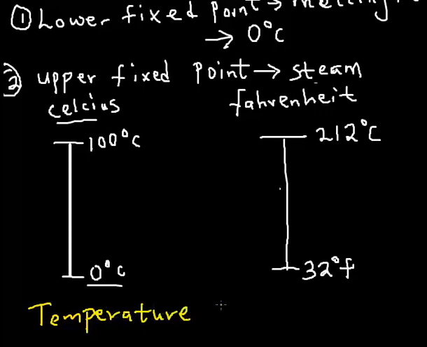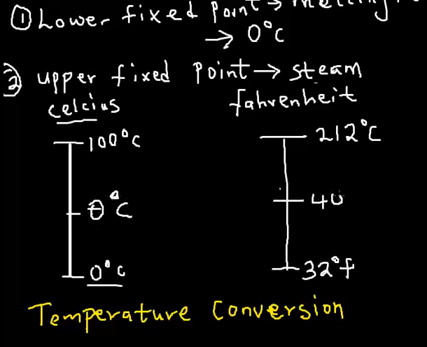What I'm going to give you now is something that you see in books as a formula, but sometimes students don't know how that formula is generated. It's very important to know the source of a formula, so that no matter how the question comes, you'll be able to handle it. For example, let's say I want to get a temperature in degrees Celsius, let me call it theta degrees Celsius, that is equivalent to 40 degrees Fahrenheit.